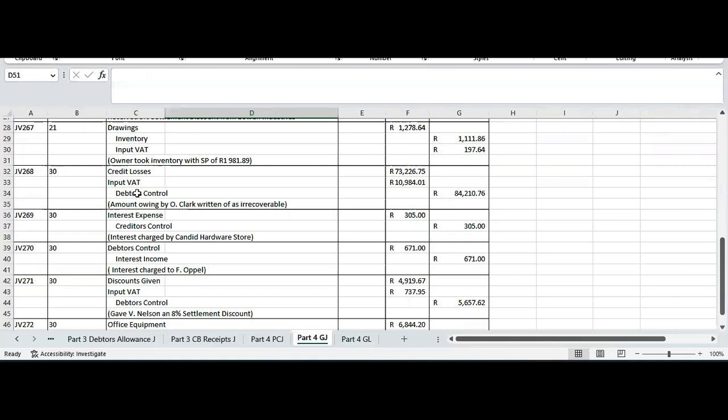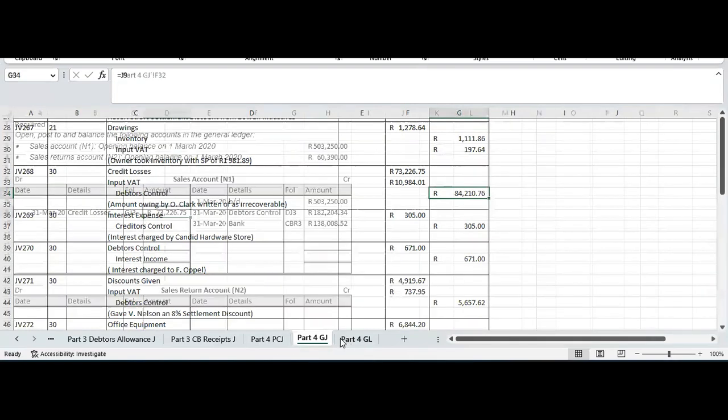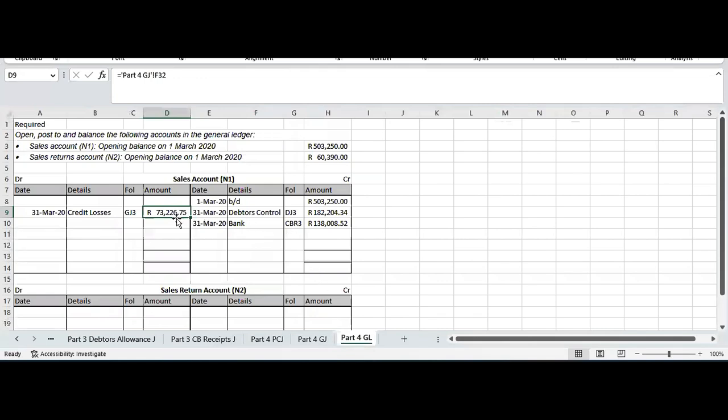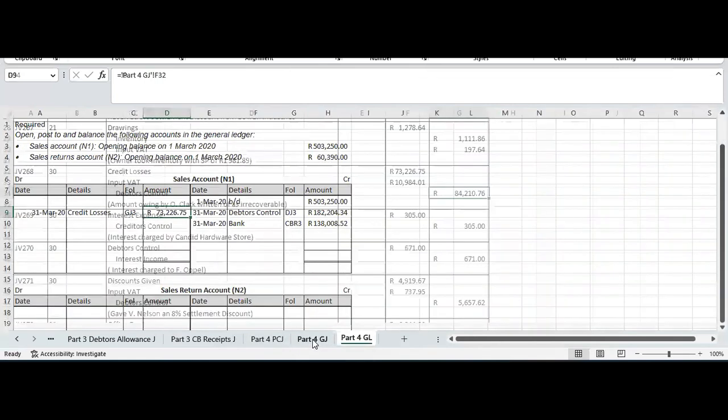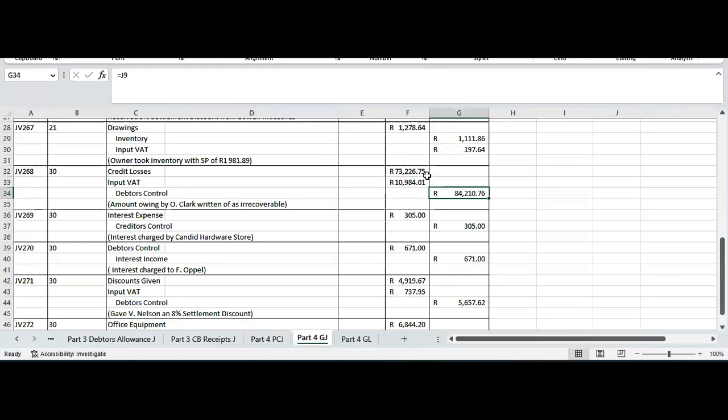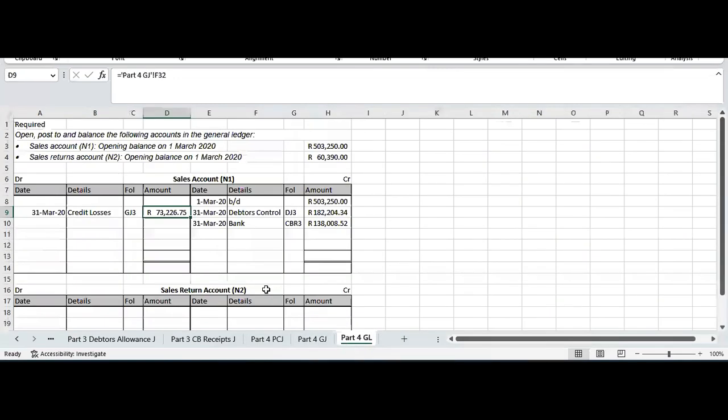The input VAT and the debtors control was there. So that is the contra account. Obviously, this amount must reflect here. So it is the 73,226 that was in my general journal. So yeah, sorry. Please don't use the creditors control amount. I was wrong there. Obviously, you're going to use your credit losses amount. Okay, so that's the amount that is going to impact on your sales account.